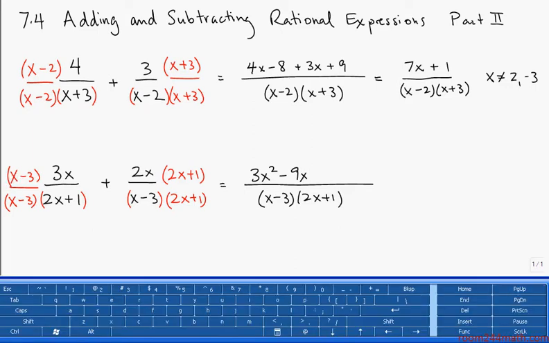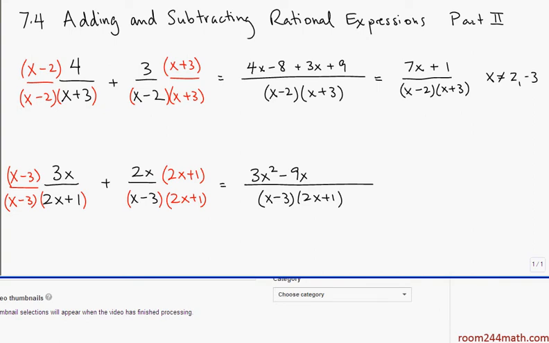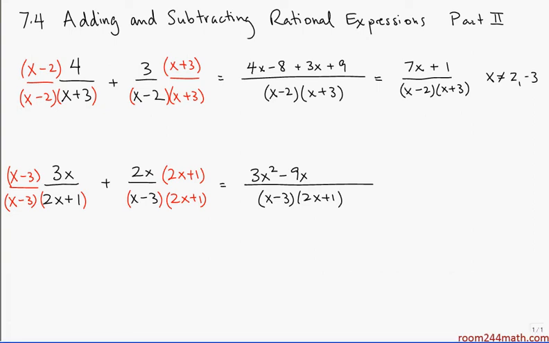And then plus 4x squared plus 2x. So what do we get in the numerator? We have the 3x squared plus the 4x squared.